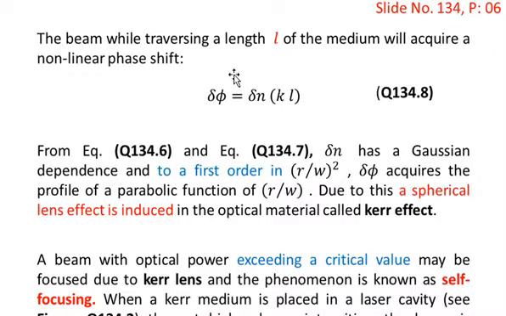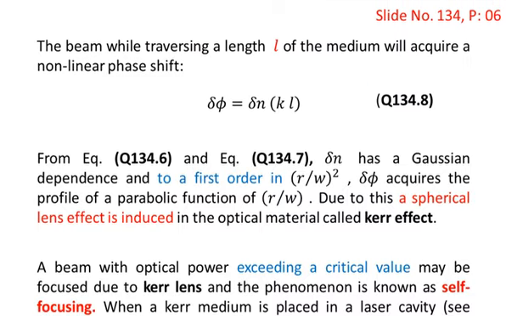The beam, while traversing a length L of the medium, where L is the length of the Kerr medium, will acquire a non-linear phase shift delta phi, and delta phi is equal to delta n times k times L. From equation number 6 and equation number 7, delta n has a Gaussian dependence, and to a first order it has a dependence of the order of R over W square.